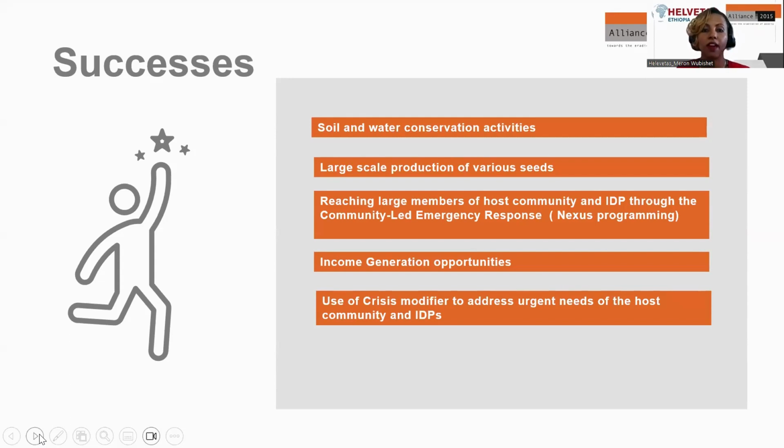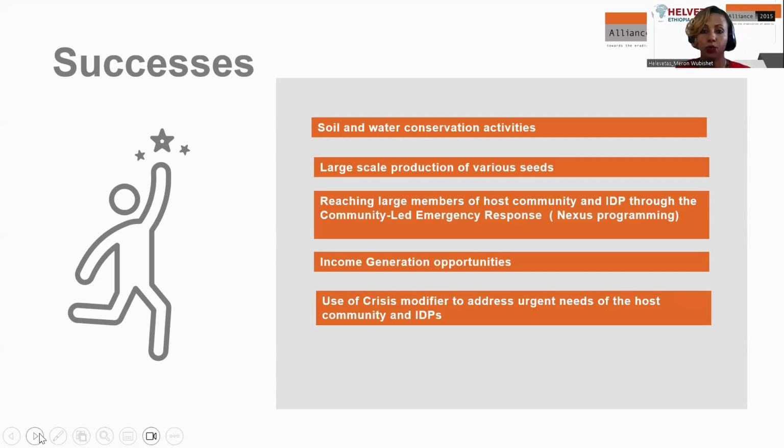So we really find promising results in the area, especially faba beans. It was affected by disease previously, but we introduced a new disease-resistant variety in collaboration with a research institute. So this was accepted and it increased the production and productivity.